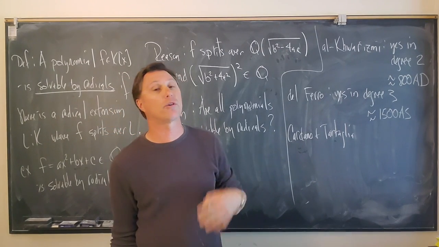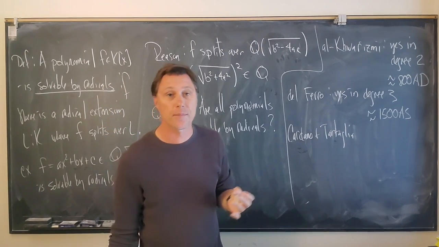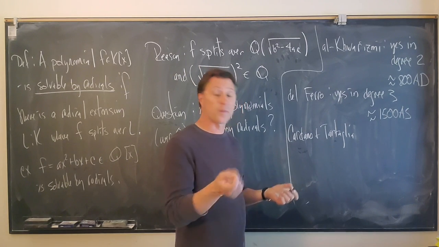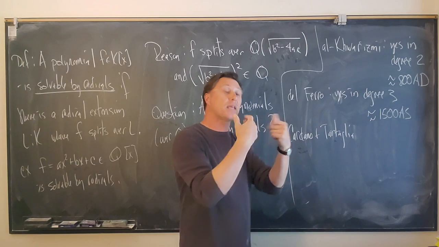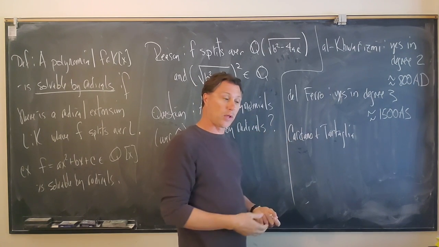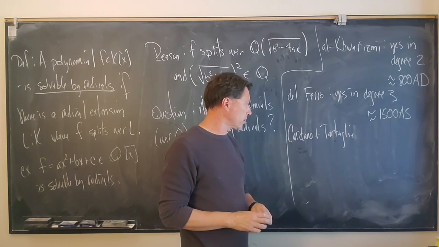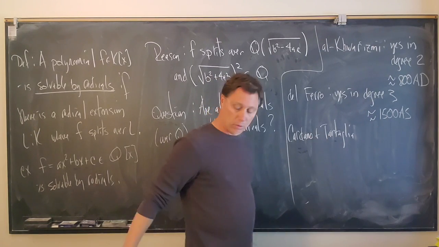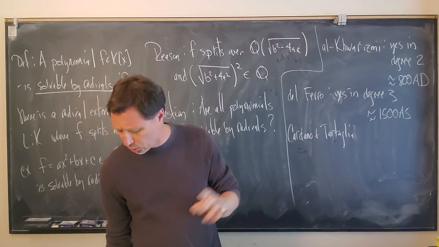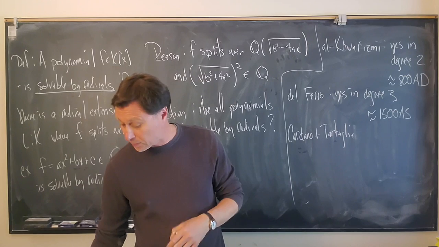It's kind of complicated, you can look it up. But there's a formula that tells you the roots of a degree 3 polynomial. You give as input the coefficients of the polynomial, rational numbers, and this formula spits out the roots. It's definitely more complicated than the quadratic formula, but it still exists.